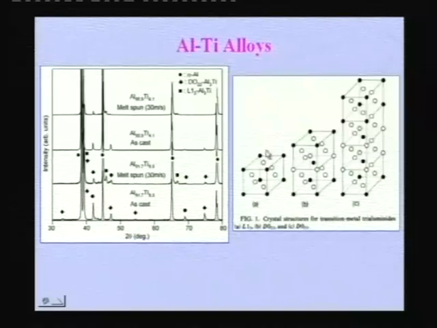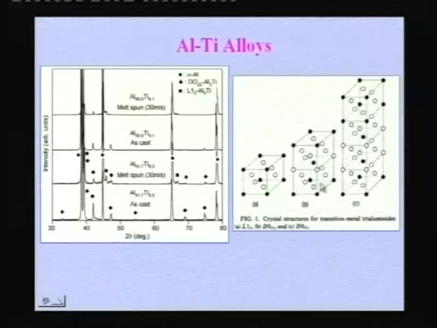If you look at the first structure, which is A, it is called the L12 structure, which is nothing but the FCC type of structure, where all the body corners are occupied by one type of atoms and face centers are occupied by another type of atom. The DO22 is similar to L12, except that there are two such unit cells.